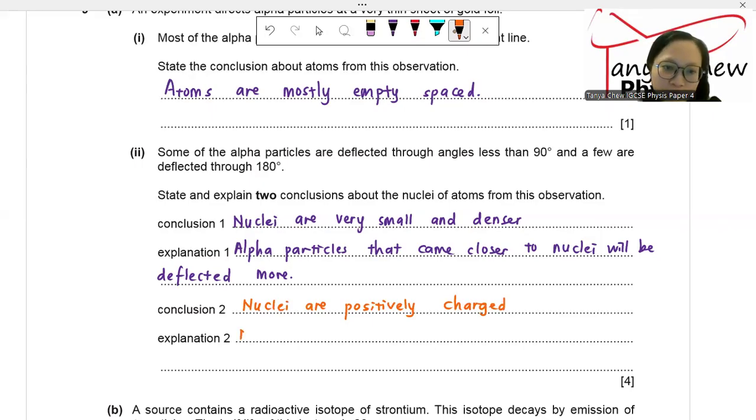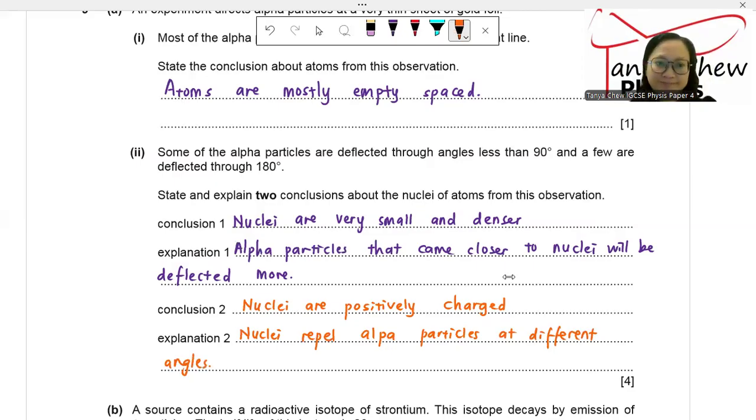Right? So nuclei repel alpha particles at different angles. So that's the answer.